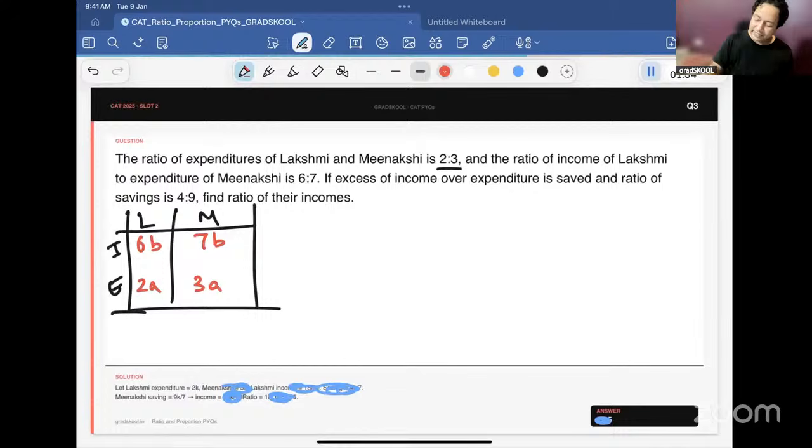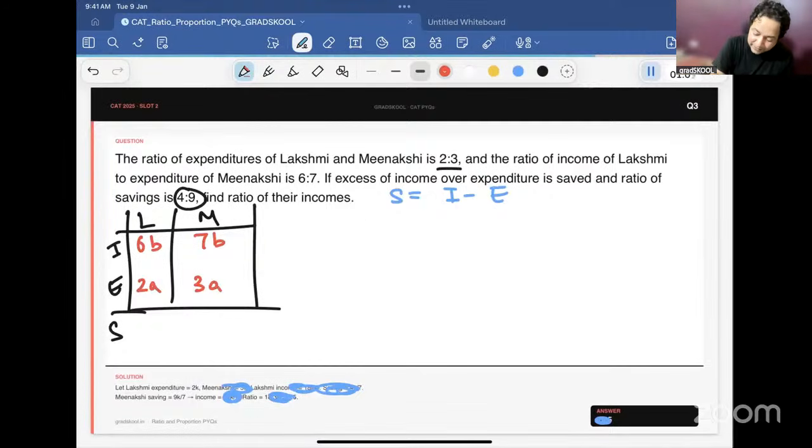All right. The excess of income over expenditure is saved. So now we have savings also. Let's write savings as well. The ratio of savings is given as 4:9. Saving is basically income minus expenditure, and we want to find Lakshmi to Meenakshi.